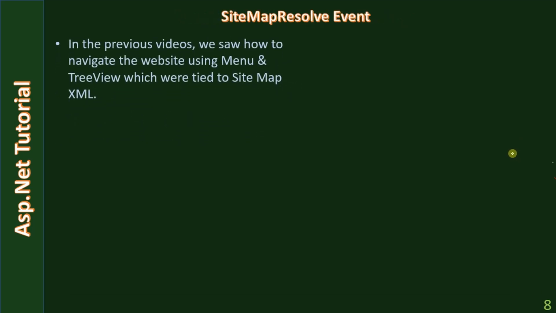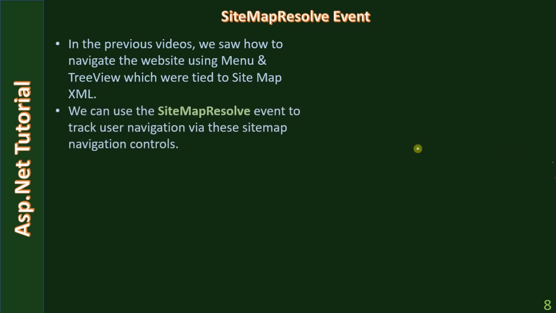In the previous videos, we saw how to navigate the website using menu and tree view, which were tied to sitemap XML. We also saw how to use the breadcrumbs. We can use the SiteMapResolve event to track the user navigation via the sitemap navigation control.